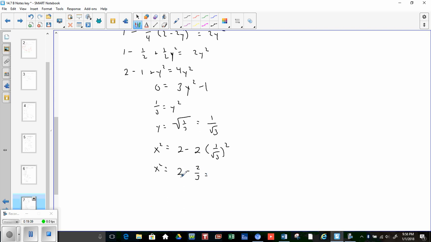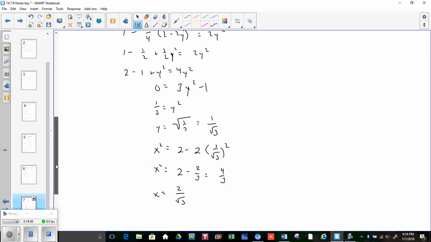And 2 in terms of thirds is going to be 6/3, so 6/3 minus 2/3 is 4/3. So that means x, taking the square root, square root of the top is 2, square root of the bottom is root 3, is 2 over root 3.